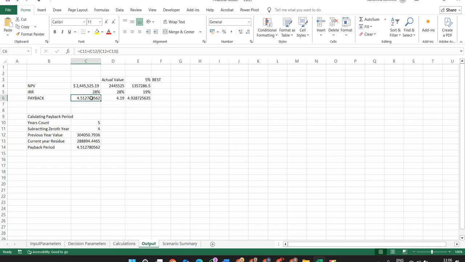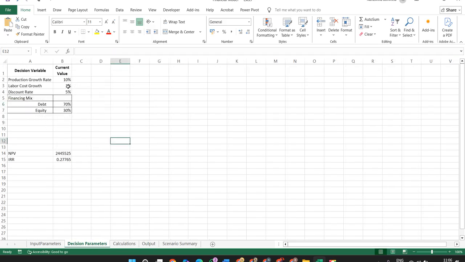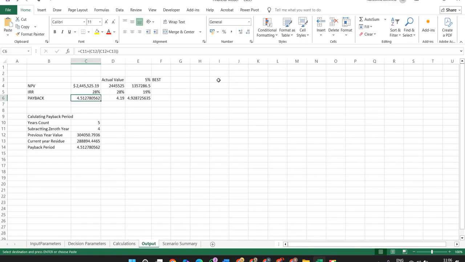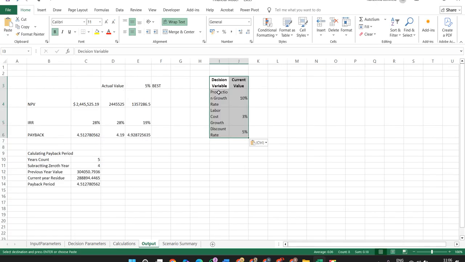Now we are supposed to create a small table for sensitivity. For sensitivity, we take the decision parameters, these three. Just check this one and go to the output and give these values here, and let us see how it is changing.